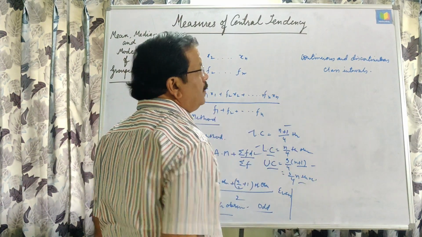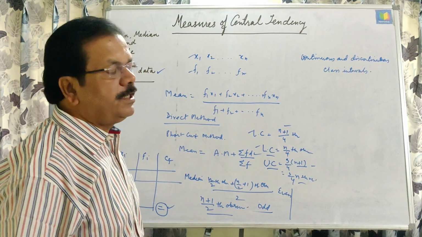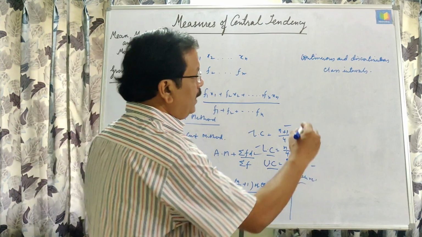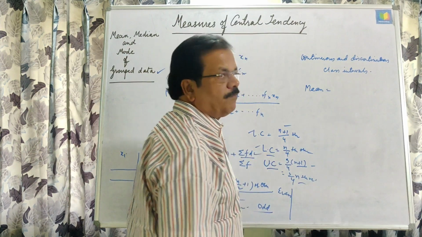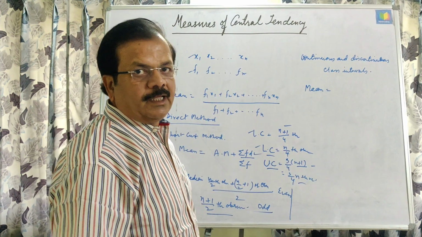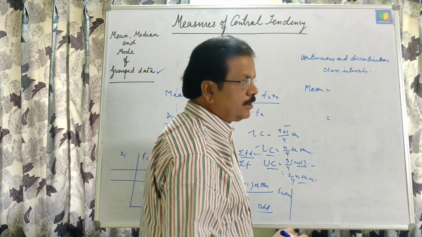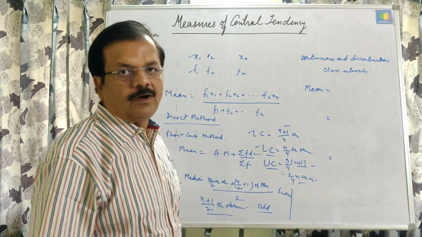But if the frequencies are given in the form of continuous and discontinuous class intervals, then for finding mean we are using three methods. First method, direct method. Second method, deviation method or shortcut method, and third method, step deviation method.